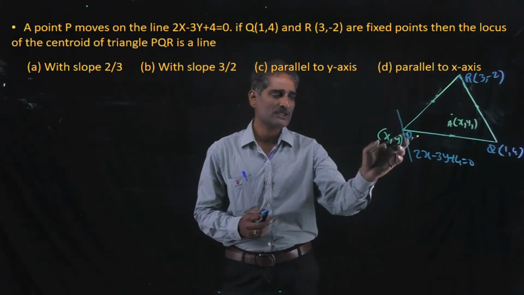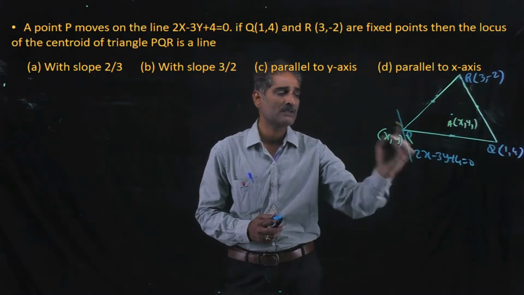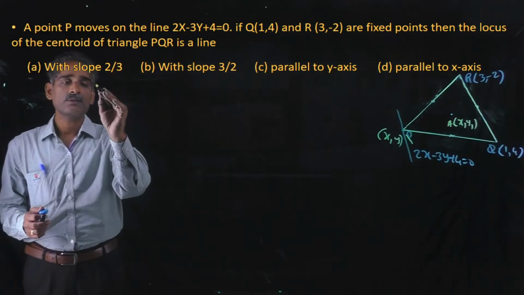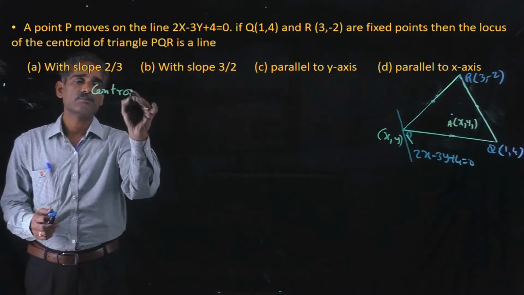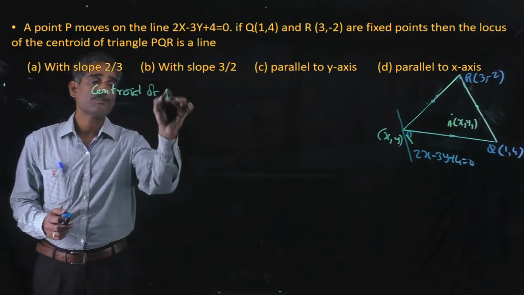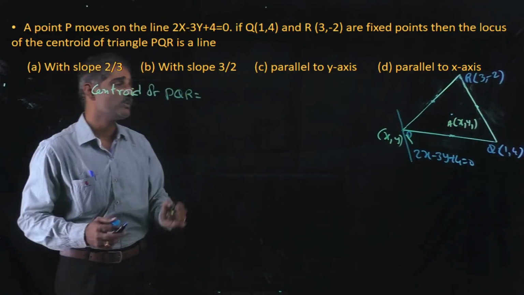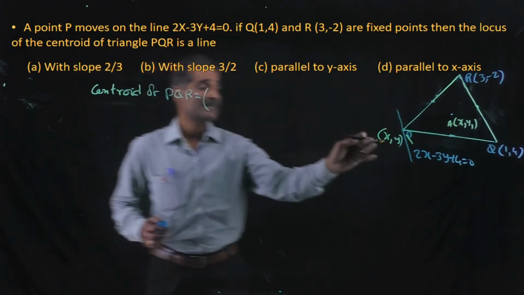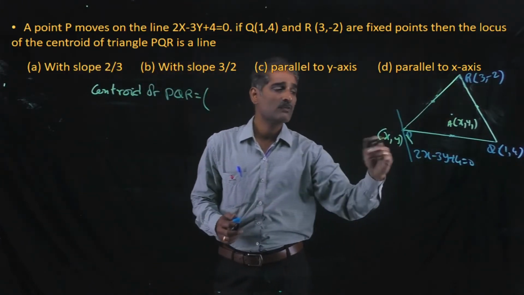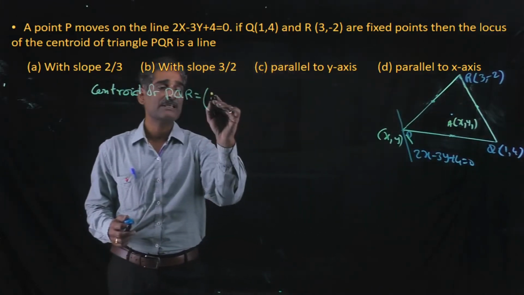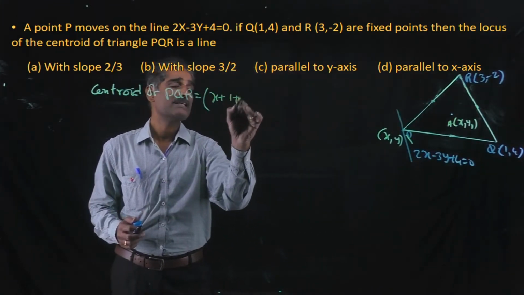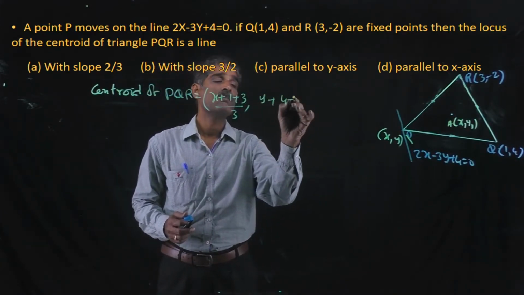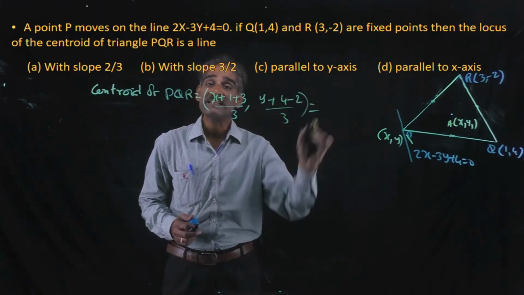So for that purpose, assume x comma y to be the coordinates of P. Now the centroid of the triangle PQR is x1 plus x2 plus x3 by 3, y1 plus y2 plus y3 by 3, that means x plus 1 plus 3 by 3 comma y plus 4 minus 2 by 3. This is equal to the locus point.